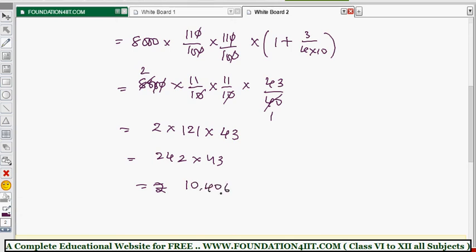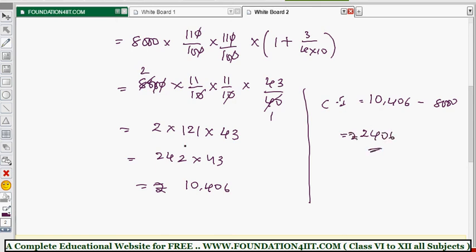This is the amount. And then once you know the amount, you can find out the compound interest for total 2 years, 9 months. Then 10,406 minus the principal, which is 8,000 given. Then 2,406 is the compound interest.